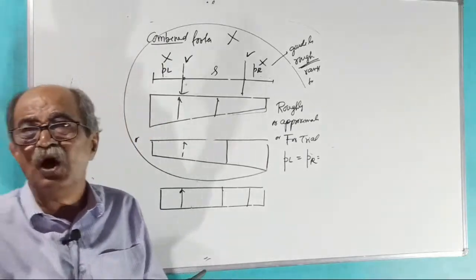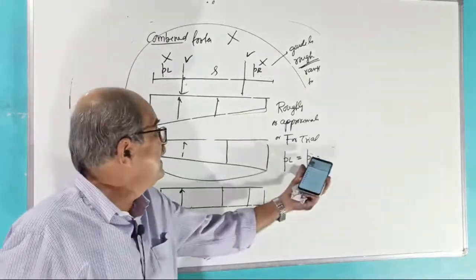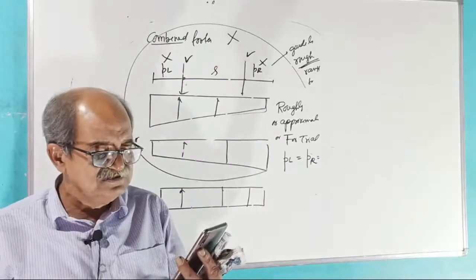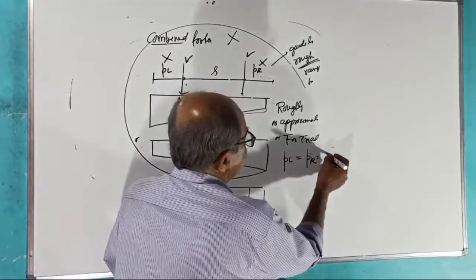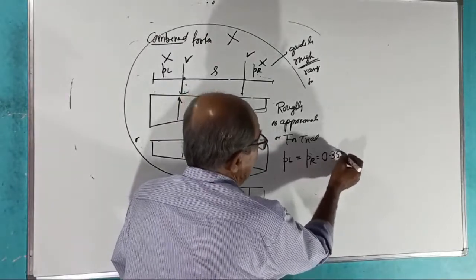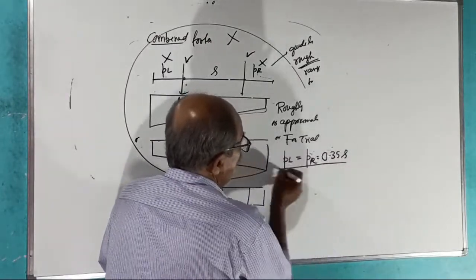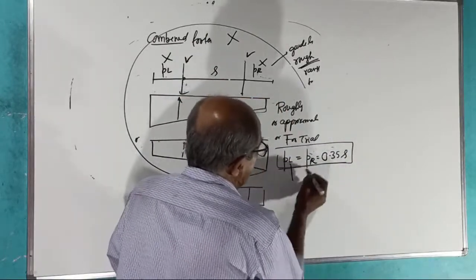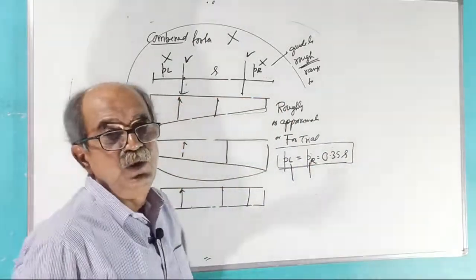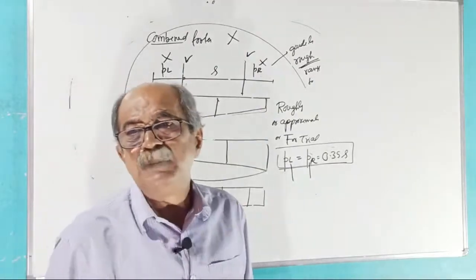The moment I came to write there, I got a shock. 35%. It can be taken as around 0.35 of S, approximately. Now use this thumb rule and get PL and PR.